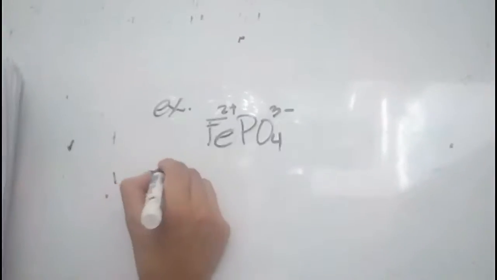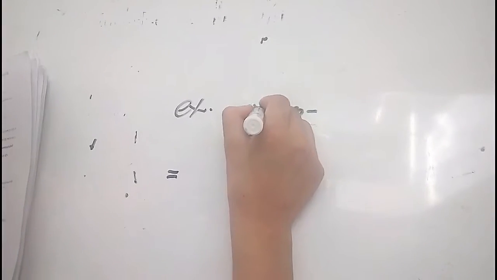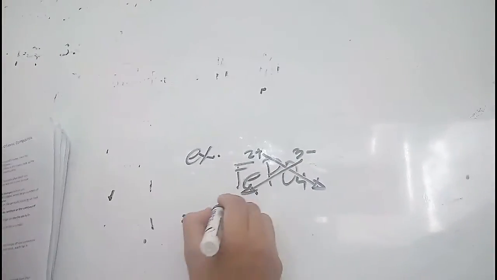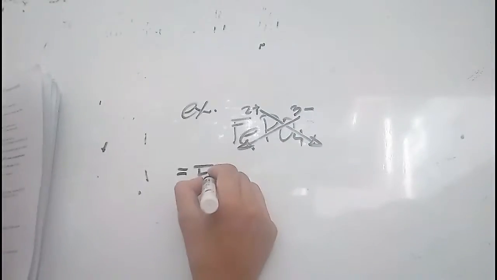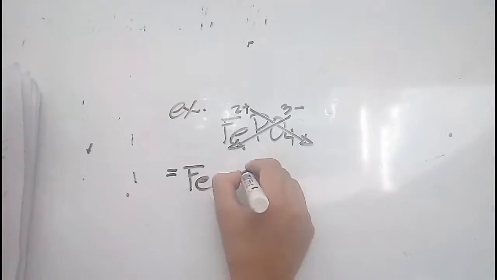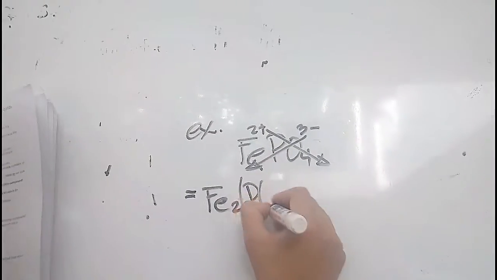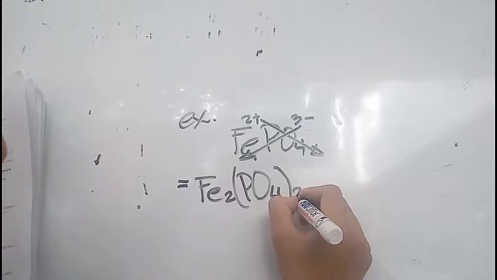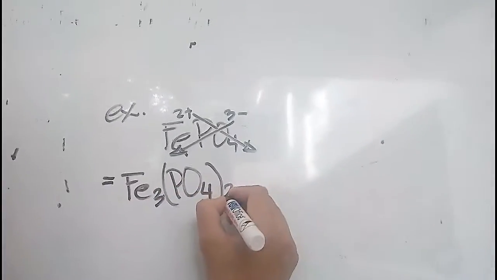And then you crisscross their charges to neutralize it out, equal to 0, or balance in other words. Since the example here is a polyatomic ion, we put an open and close parenthesis for the polyatomic ion, and then we write the crisscross charge beside it.